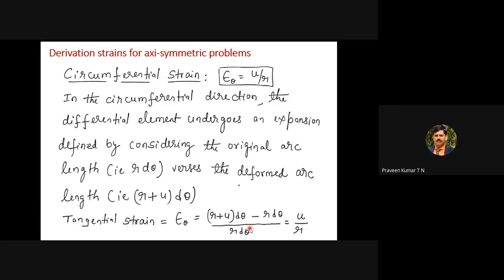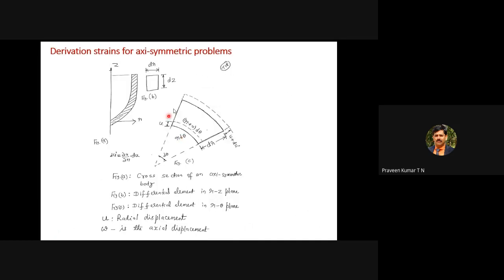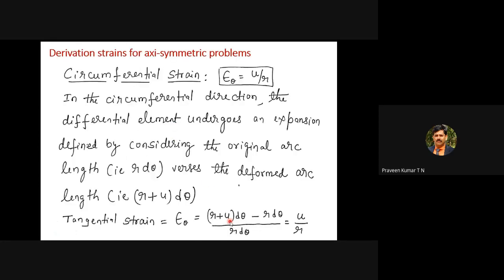Circumferential strain: along the theta direction. Here we can see the length about this point is r into d theta. The length about this point is r plus u into d theta. So one minus the other gives the circumferential strain. You can see here r plus u into d theta minus r into d theta, divided by r d theta.